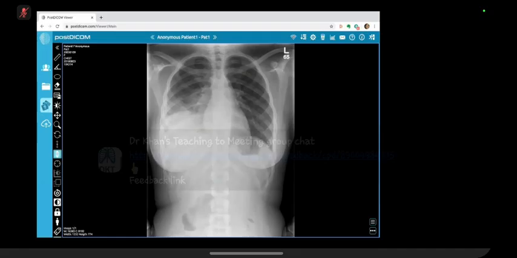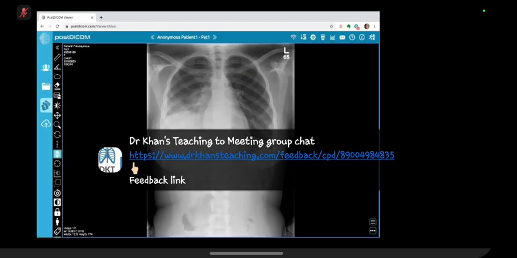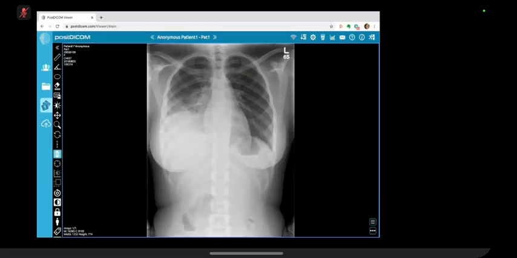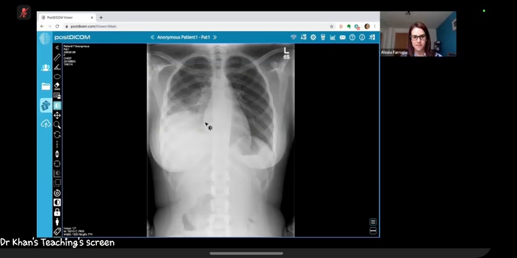The upper margin is curvilinear, almost well-defined, except for its medial end. It's not silhouetting the right heart border, but it is silhouetting the right hemidiaphragm. I would like to window a little bit to make sure if I can see the cupola of the diaphragm through this opacity or not. Sure.